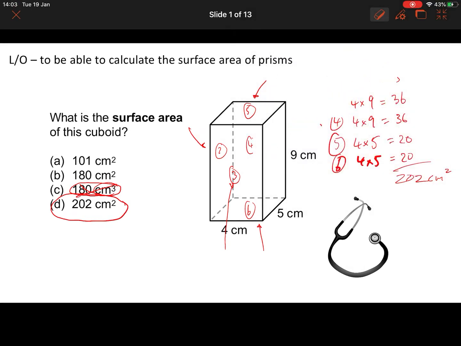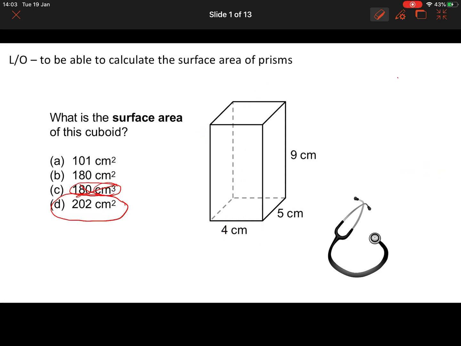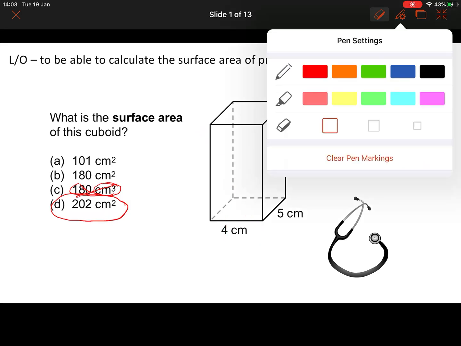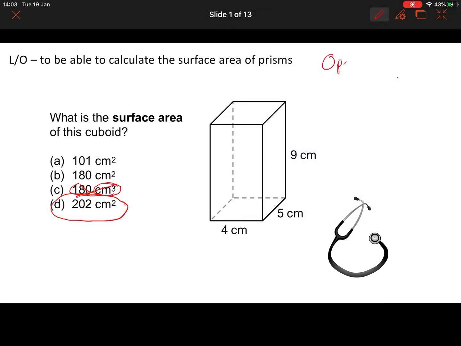Now, just before we move on from this question, I just want to make sure that you understand that maybe this is an open box. Well, what does that mean if it's an open box? What it means is there's no lid. So if there was no lid, you wouldn't count this one because it doesn't exist.